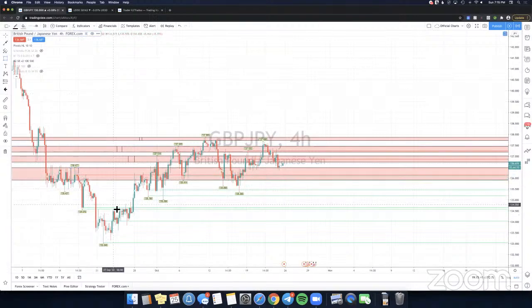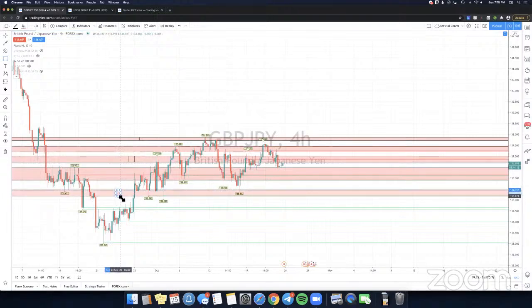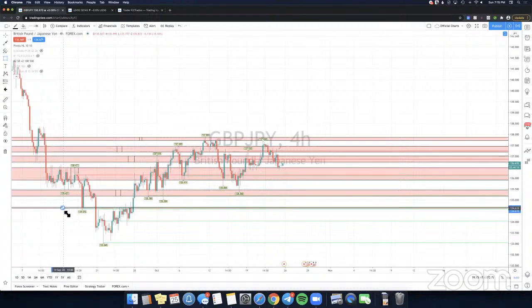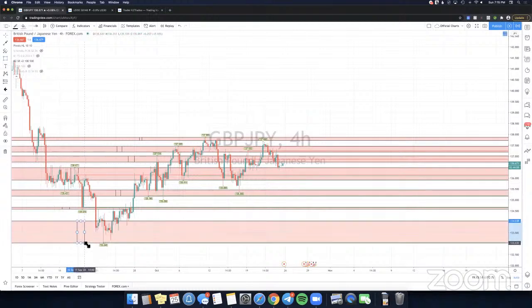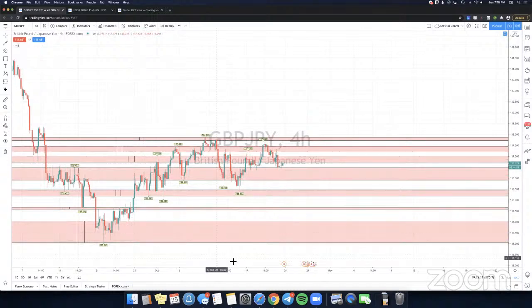All right, we got those lined up. These down here, and then we got these lower ones over here as well. Small zone, this big zone down here. All right, cool. So we got those lined up. I'm going to hide this, zoom out from here so you guys can see better.